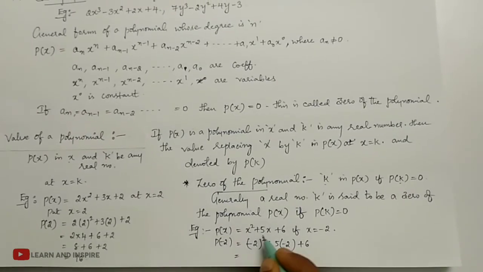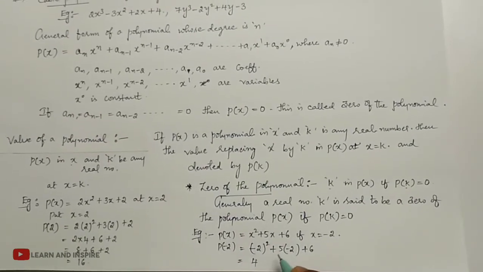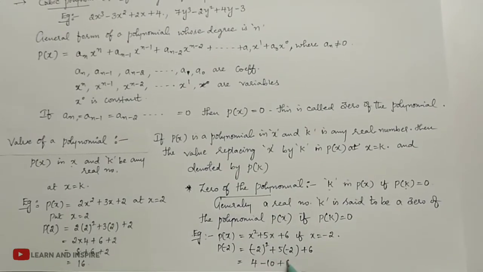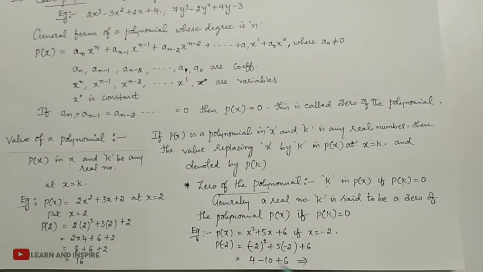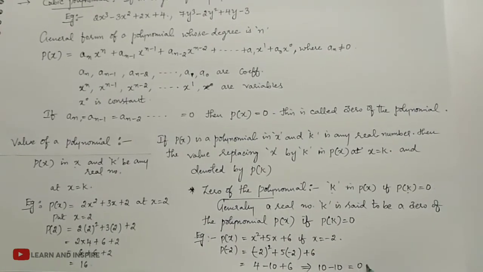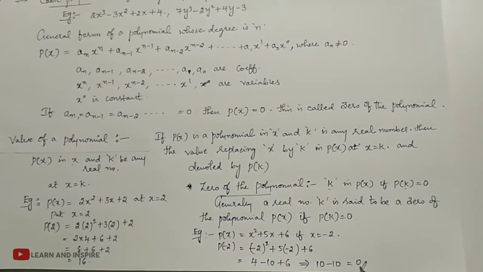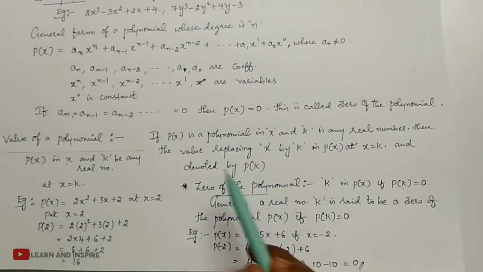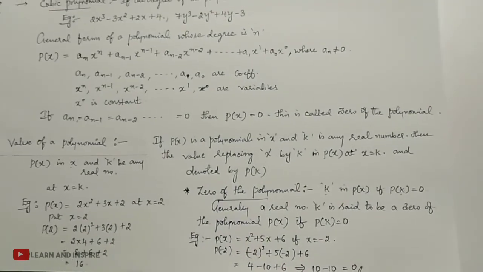That implies minus 2 square is 4, plus 5 into minus 2 is minus 10, plus 6. That implies 4 plus 6 is 10, 10 minus 10 is equal to 0. So here the value of the polynomial is 0. If the value of the polynomial is 0, then we say that it is a 0 of the polynomial.